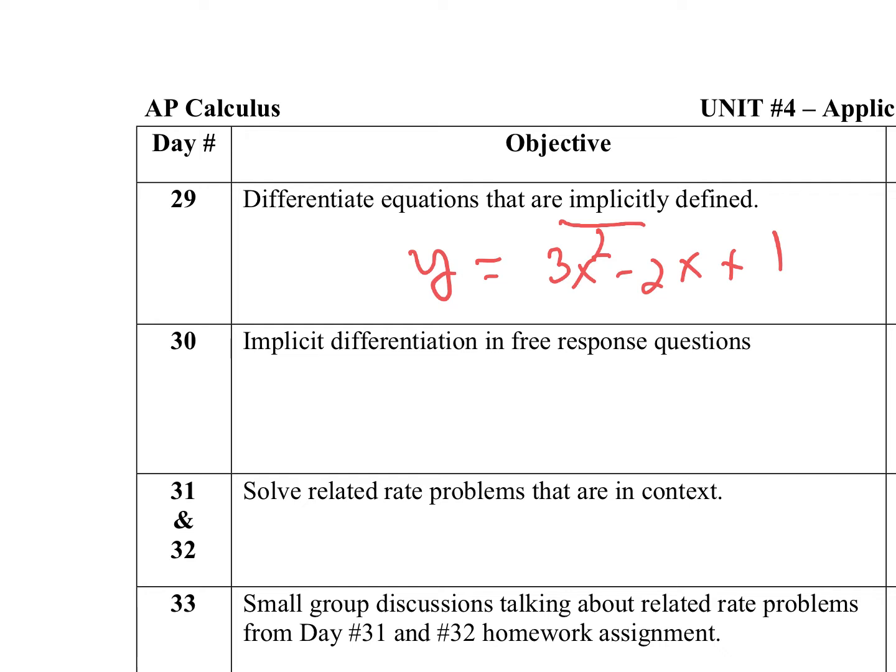So doing the derivative is very easy. You just say the derivative of y, we always say is y prime. But that really means dy dx is 6x minus 2.